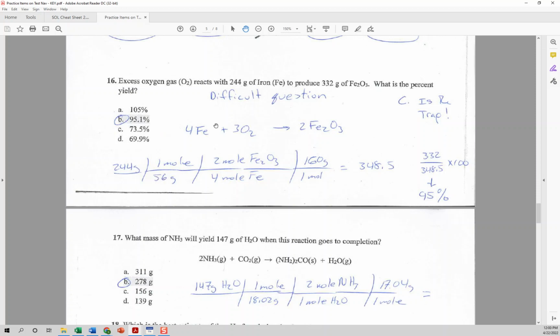The mole ratio is 2 to 4, 2 moles of the rust for every 4 moles of iron. Then multiply by the molar mass of Fe2O3, which is 159.7, but I'm rounding to 160. Theoretically, I should have gotten this much. So you take the 332 that you actually got, divided by what you theoretically should have gotten, times 100, and it comes out to 95. So the correct answer is B.